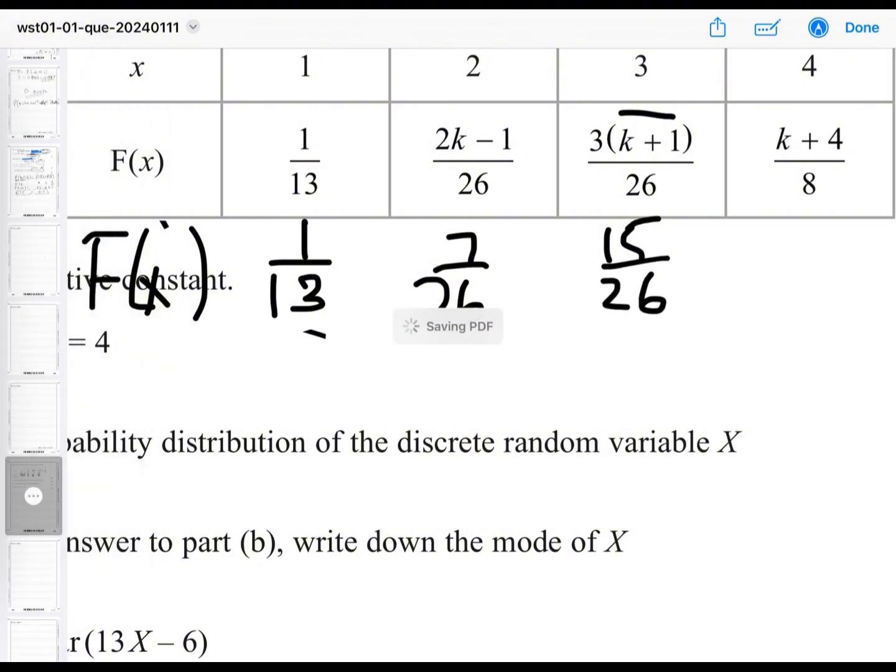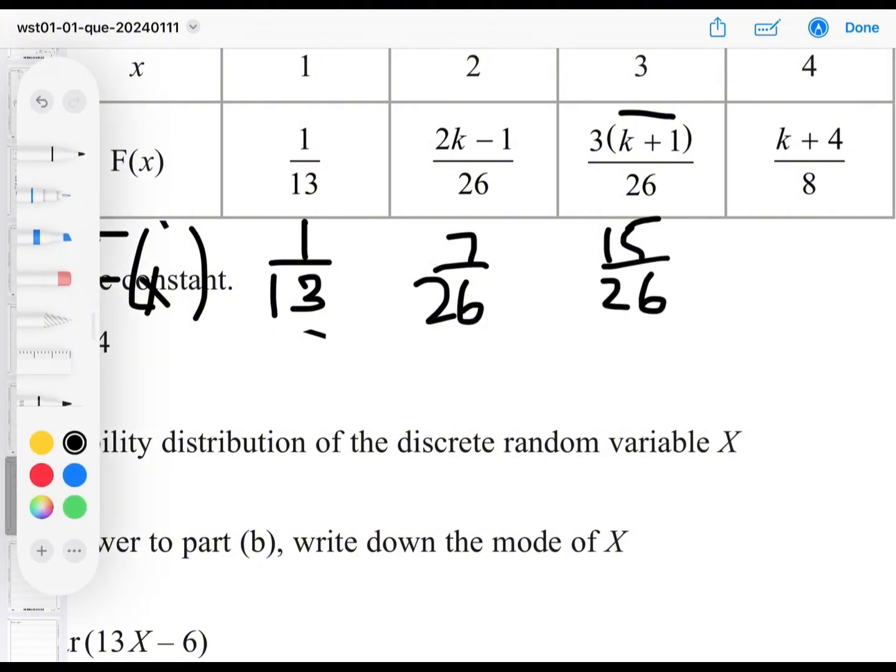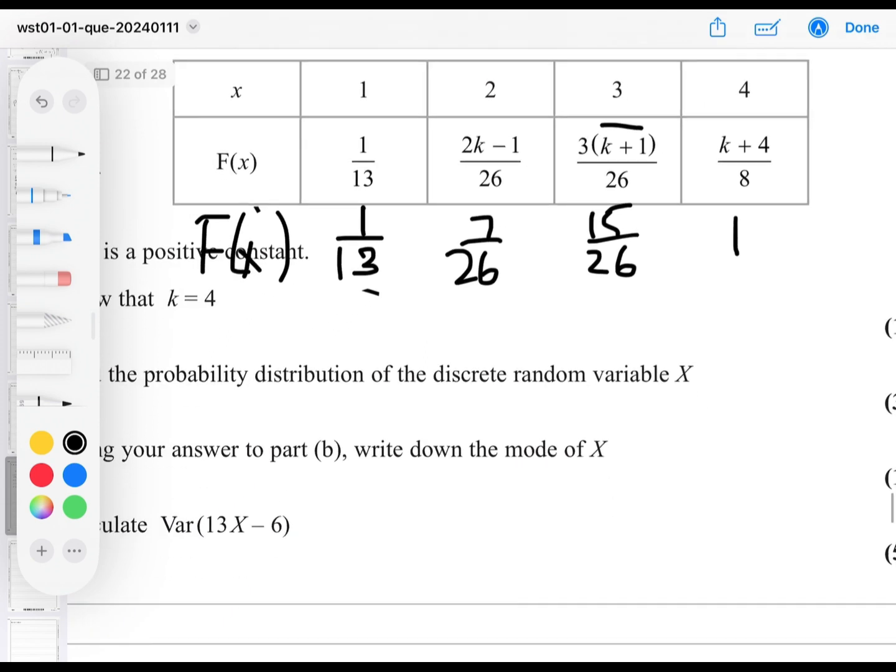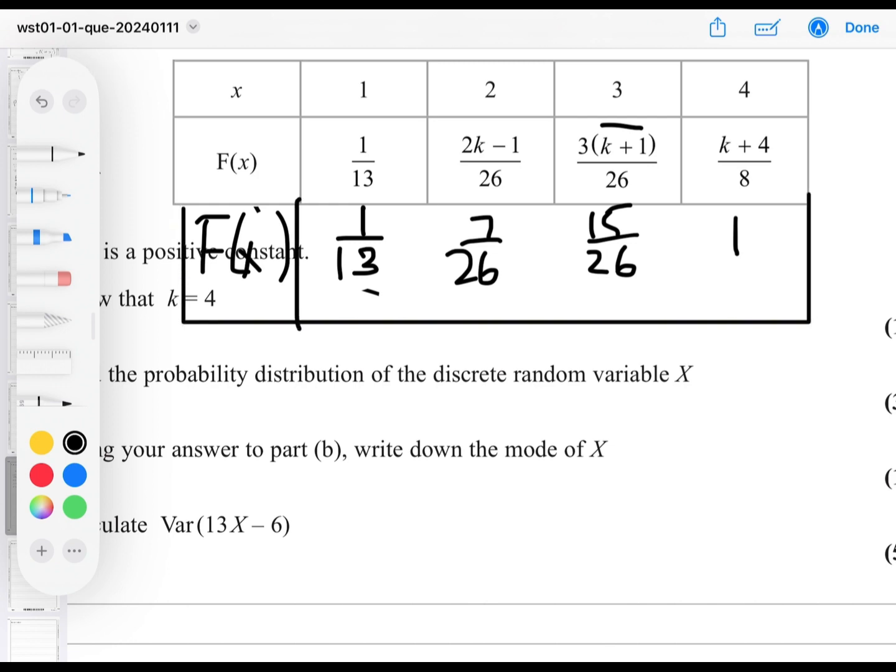And now the last one, 4 plus 4 is 8, and like I told you, in the last we'll get 1. So these are the cumulative distribution values.